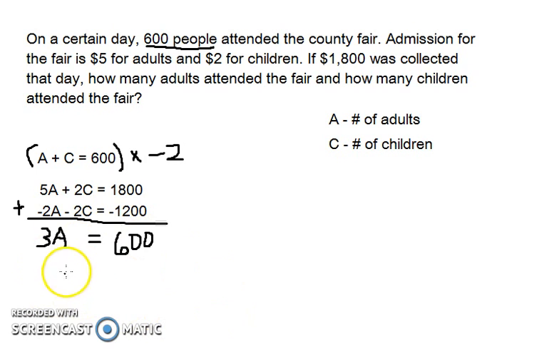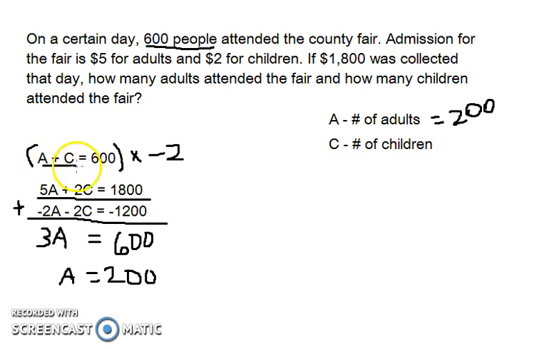Now you divide both sides by 3, and you get a equals 200. So the number of adults that attended the fair that day was 200. Now you can go back to either one of your original equations.